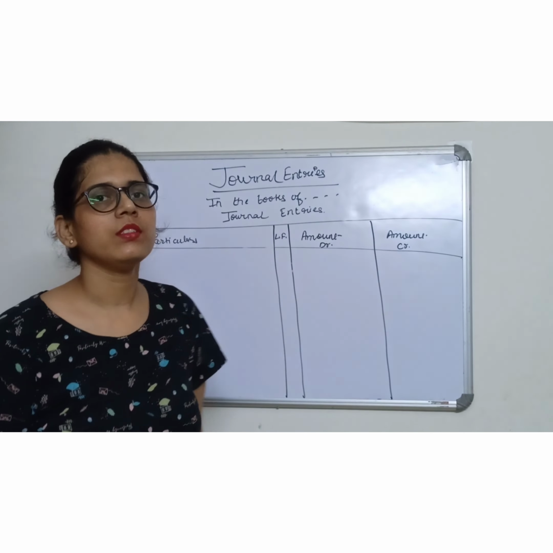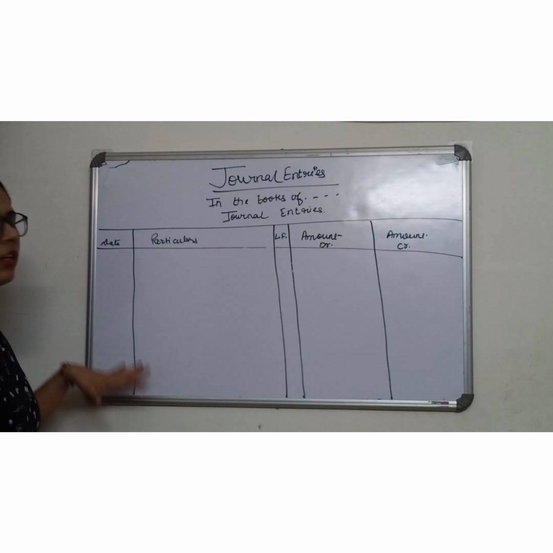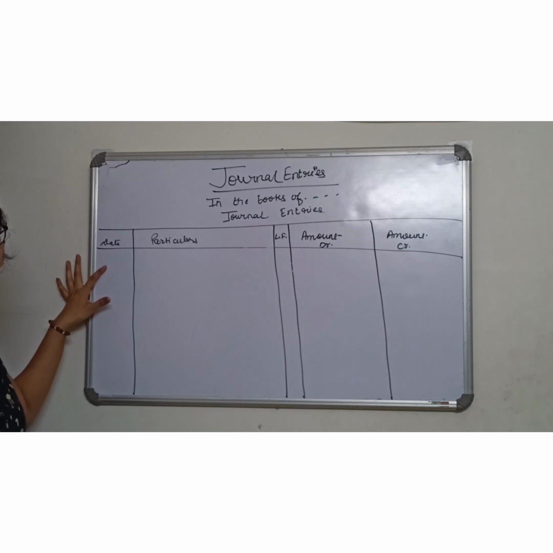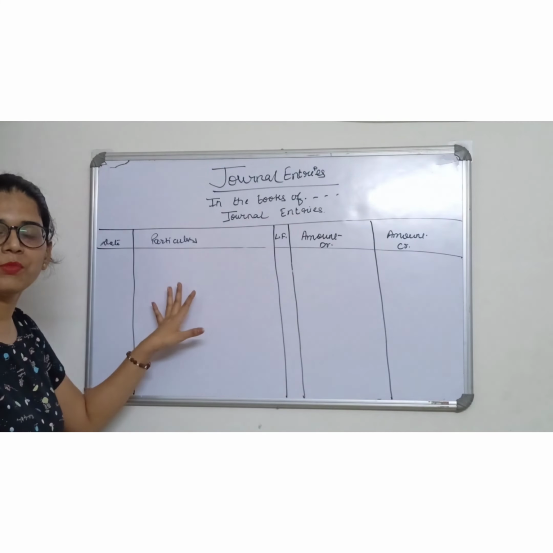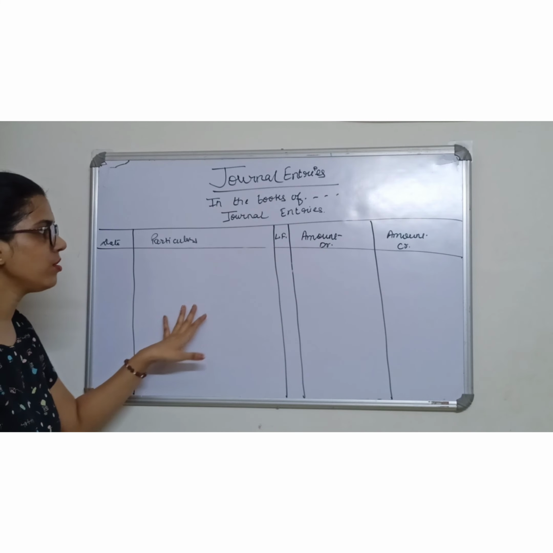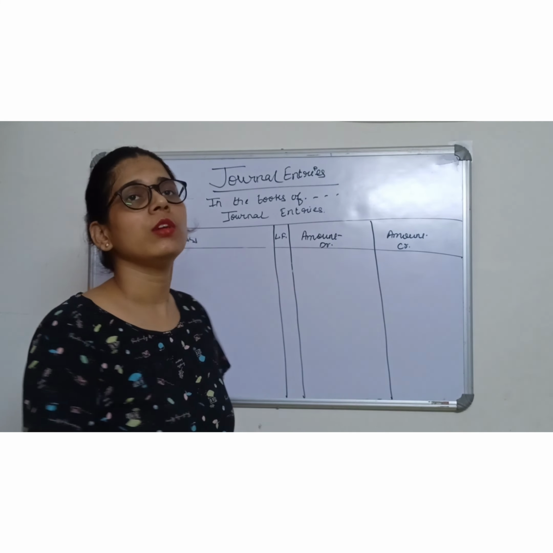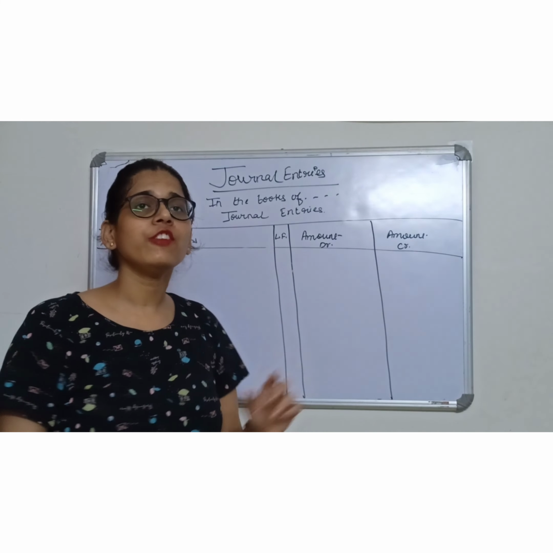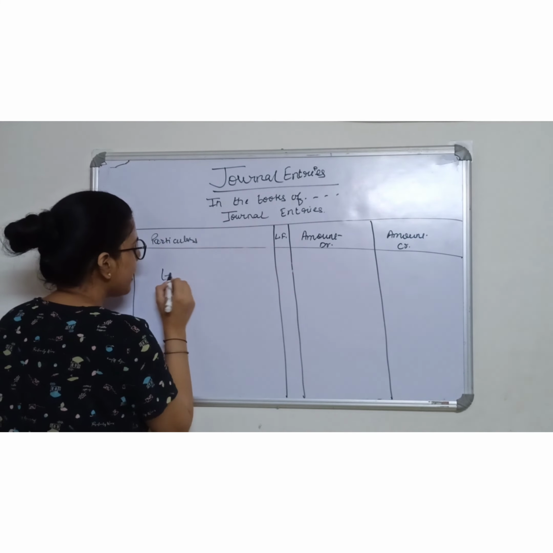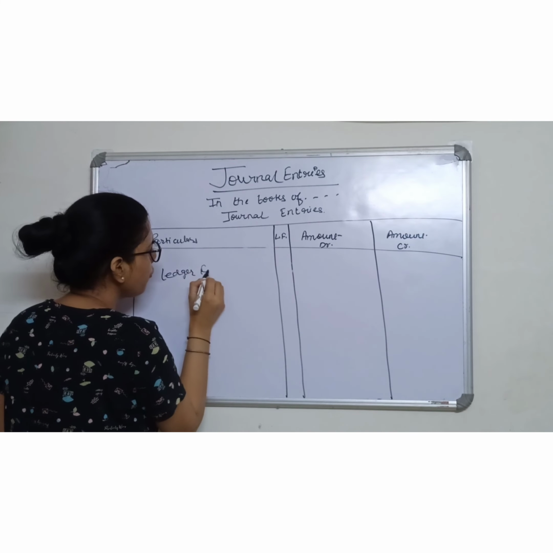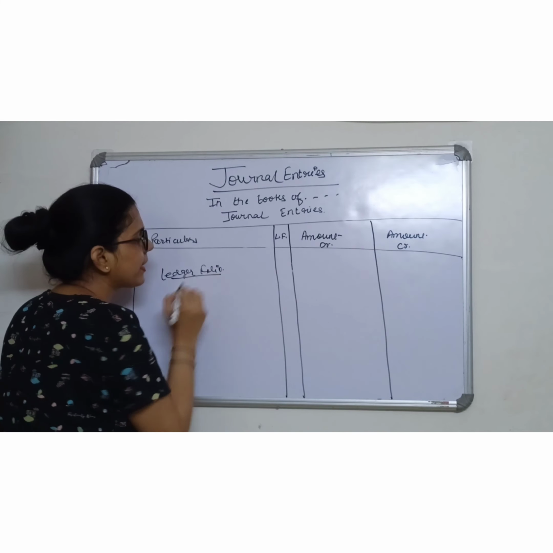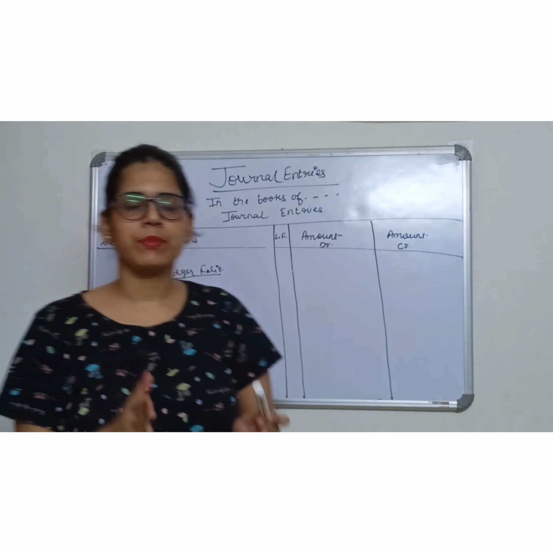Then journal entries, and the columns look like this: date column. Then comes the particulars, where we'll be recording the transactions. Then there is this extra column of LF. The full form of LF is ledger folio. Now what exactly is this?